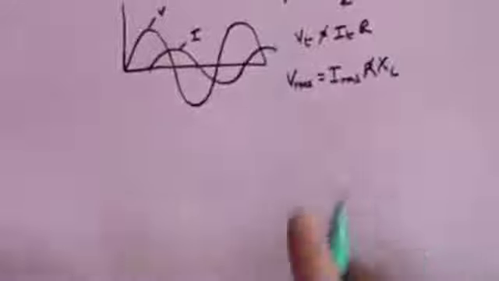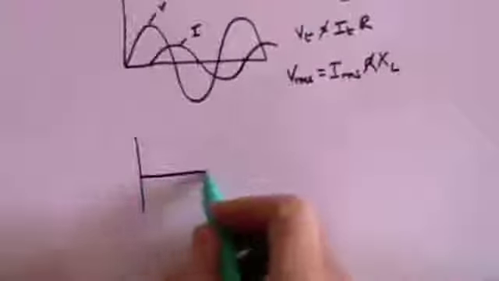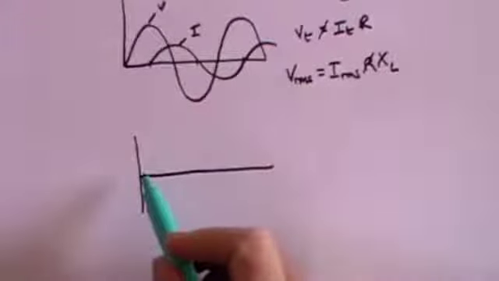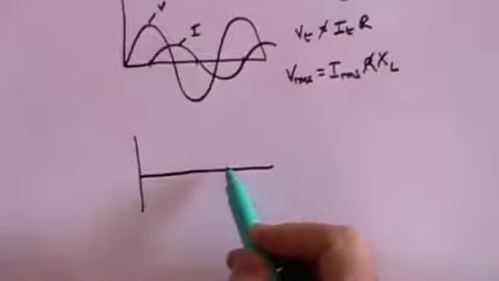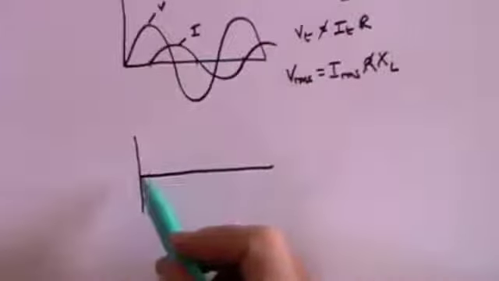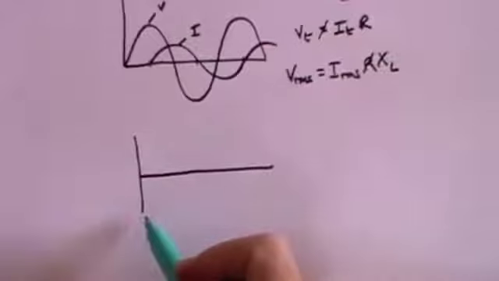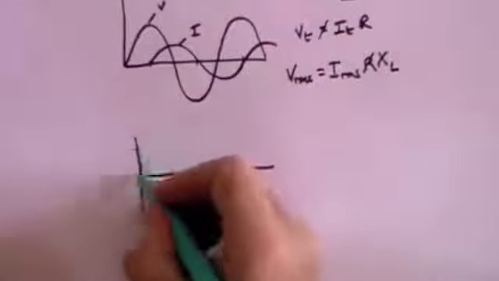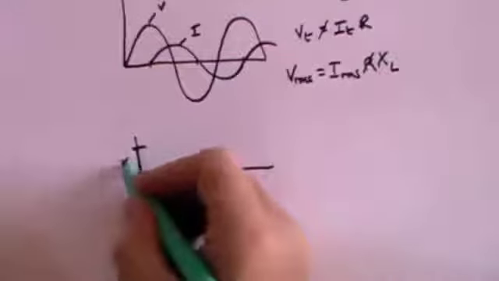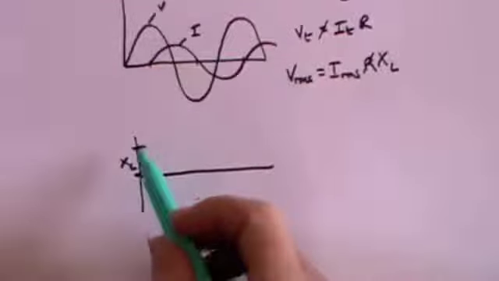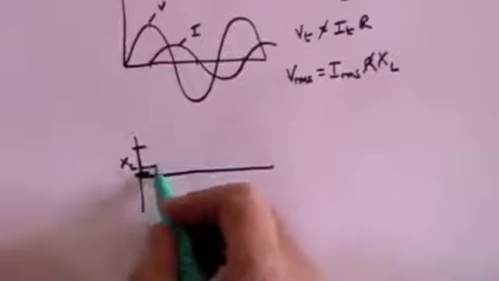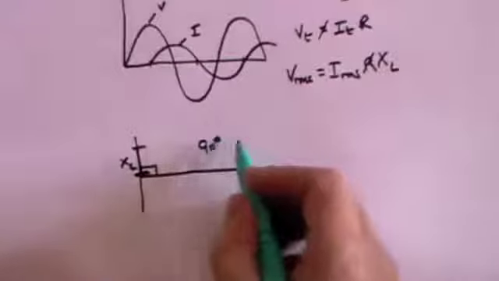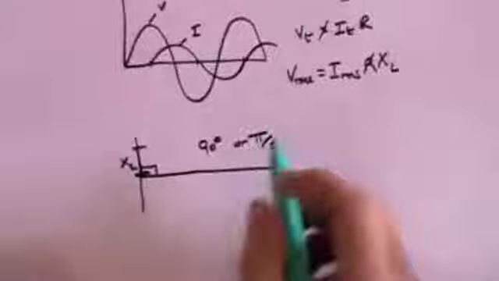And now if we draw our phasor diagram, remember for resistance it went out like this, the phase angle was 0. For capacitance it went down like this, the phase angle was minus π/2. And you can probably guess that for an inductor, the size of the inductance is measured by the length of the line, and the angle is 90 degrees or π/2.